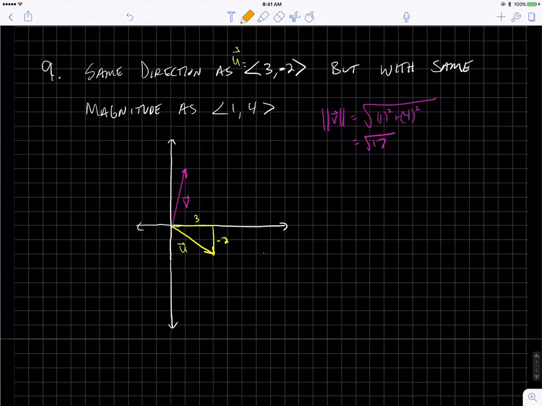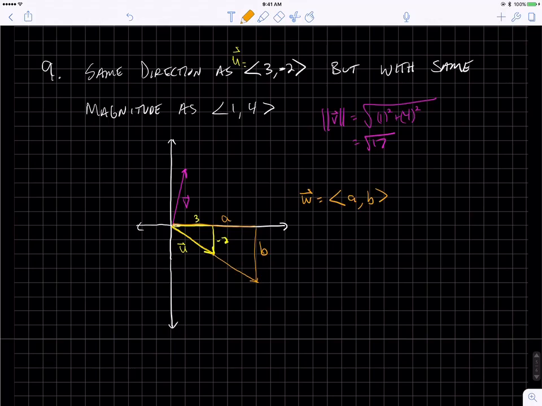I don't know what magnitude this is, but let's say we call ours W. The ratio of A and B, my two components for vector W, is the vector that we're going to find that meets those two criteria.